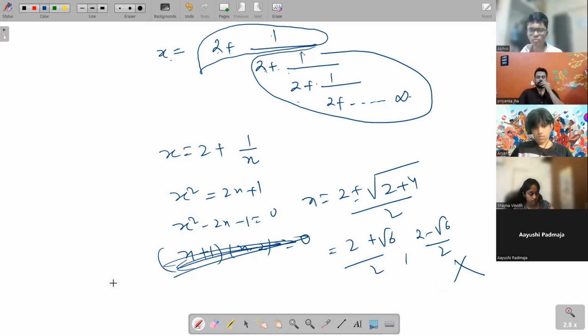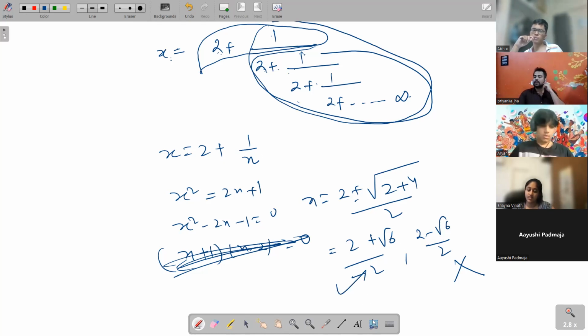The second is not possible because we know that this x is 2 plus something, so the value of this complete thing will definitely be bigger than 2. 1 by x is a very small number, so 2 plus something is more than 2. This is b squared minus 4ac.